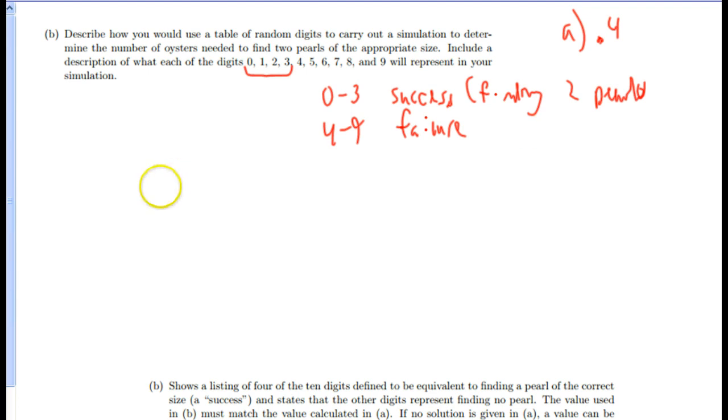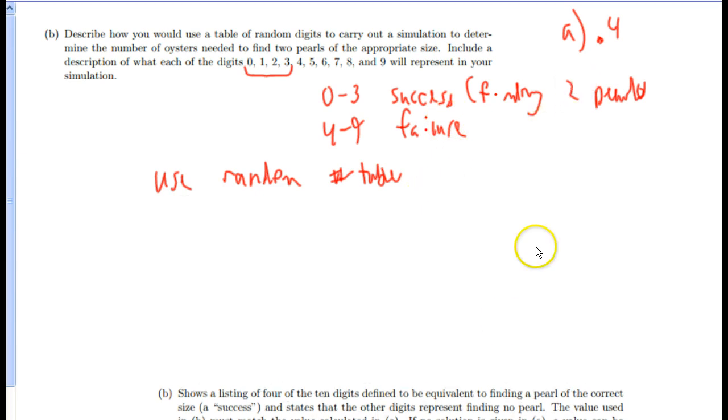So you need to describe something like you would use a random number table. You want to say this in sentences. Each time you get to a digit 0 through 3, it's going to be a success, and you keep going until you find, by the way, I think I misspoke here, this was finding 1 pearl.